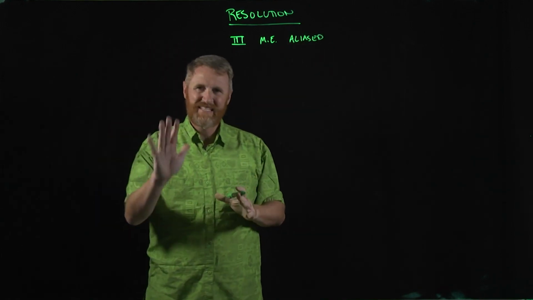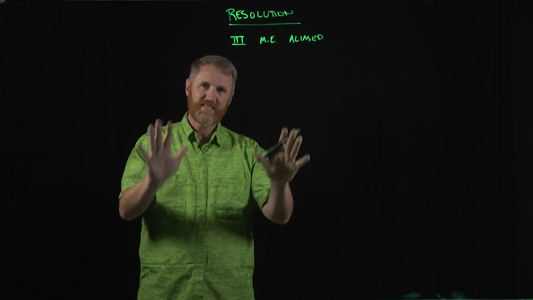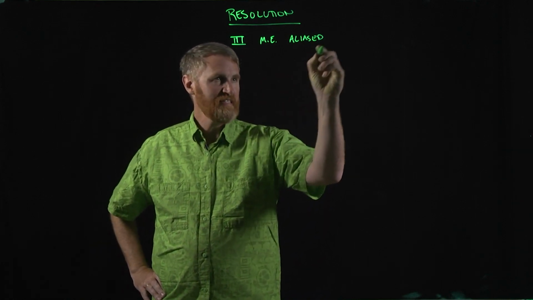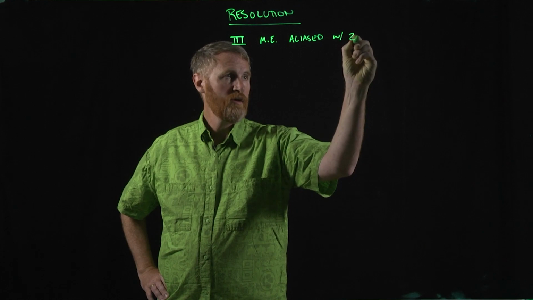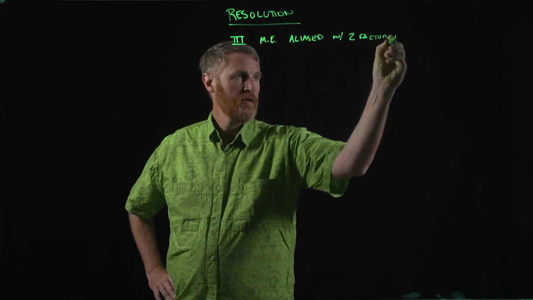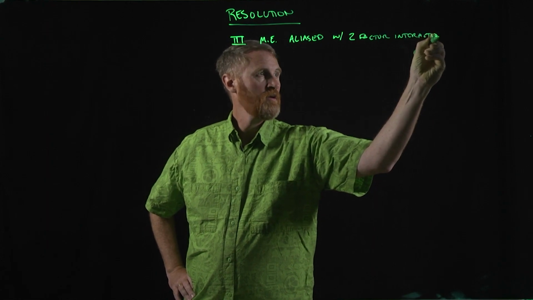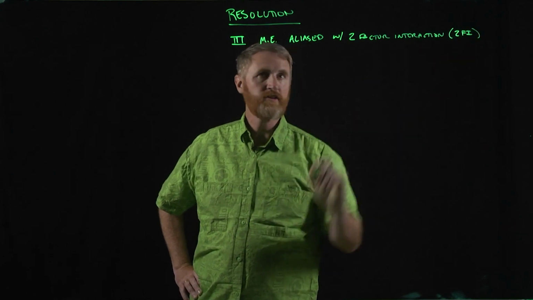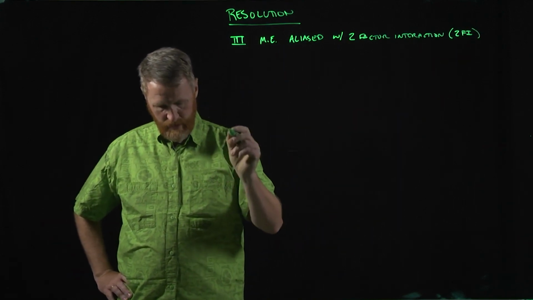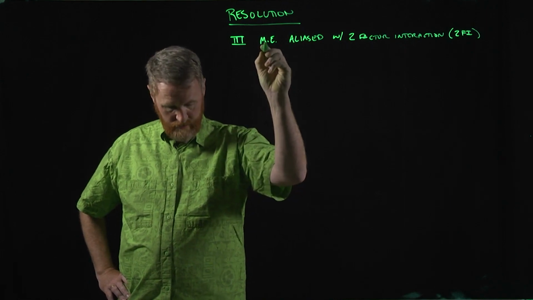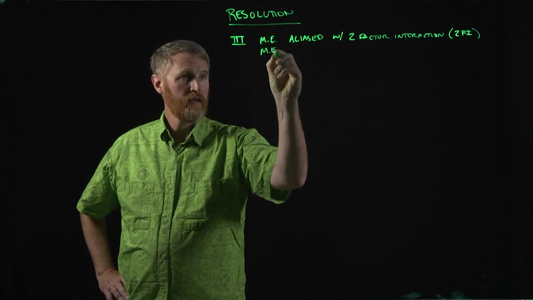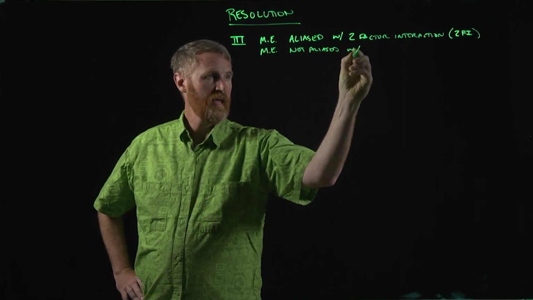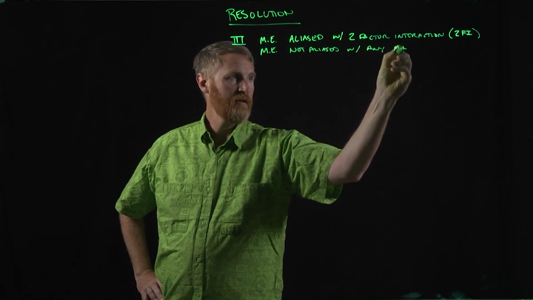So if you remember when we set C equal to AB, that was aliasing C with a two-factor interaction AB. So resolution 3 is when a main effect is aliased with a two-factor interaction, and then the main effect is not aliased with any other main effect.